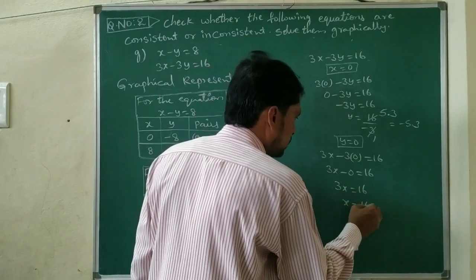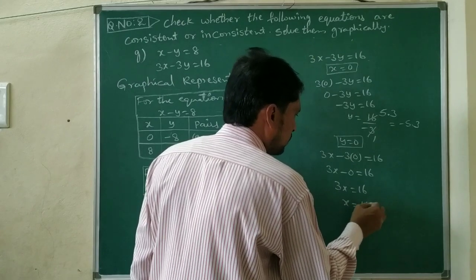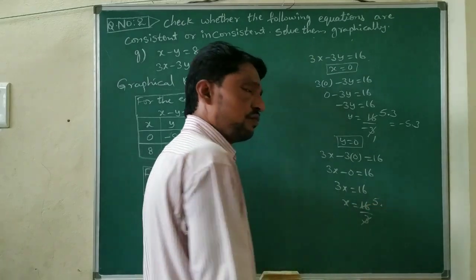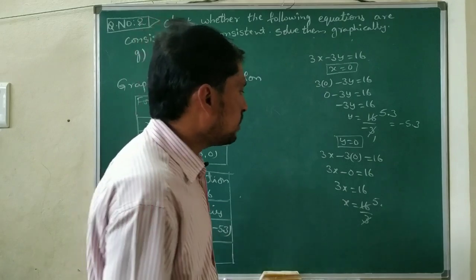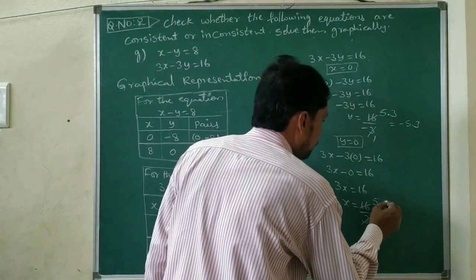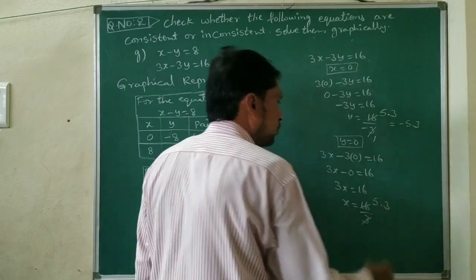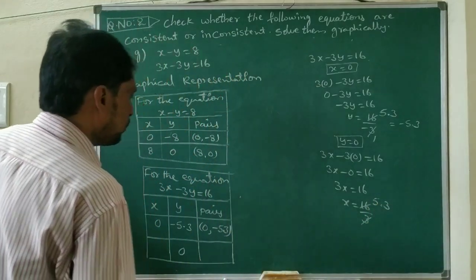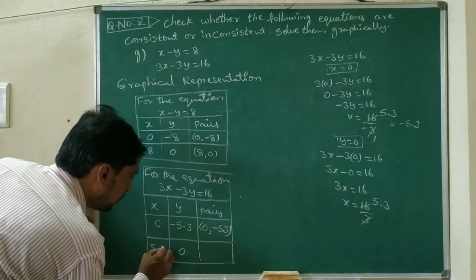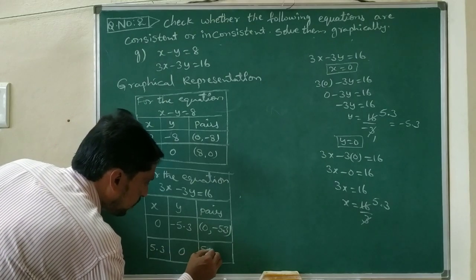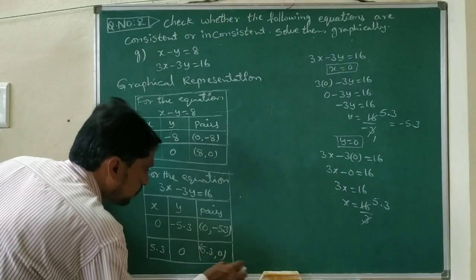So x equals 16 by 3. 3 ones are 3, 3 fives are 15, 1 remained, it becomes 10, 3 threes are 9, so we get 5.3. The pair becomes 5.3 comma 0.